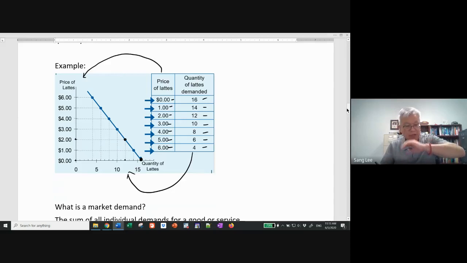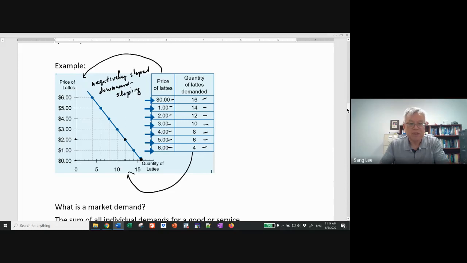So when you do so for each pair, and you connect all those pairs or coordinates, then what? The line that connects all these 7 pairs is negatively sloped or downward sloping.